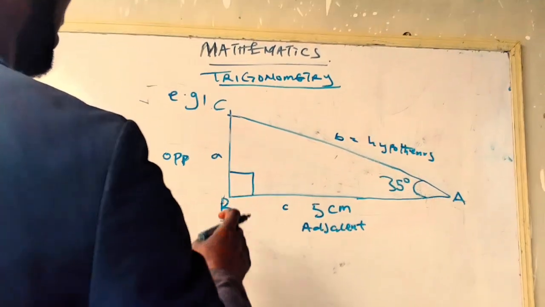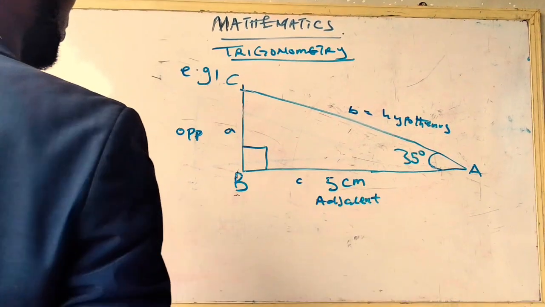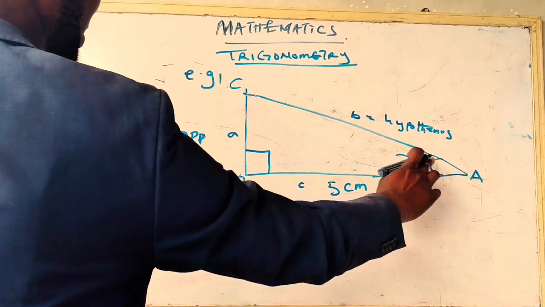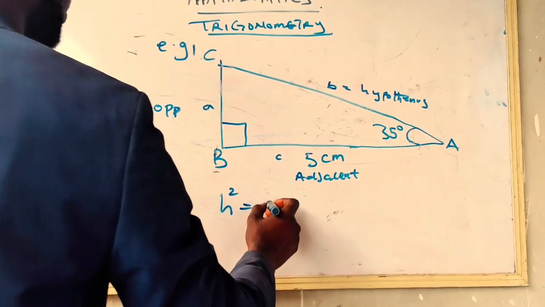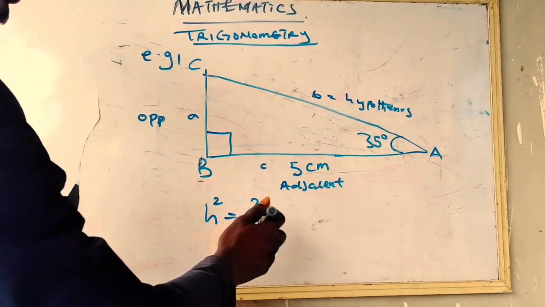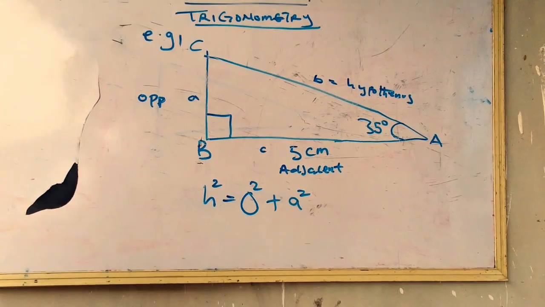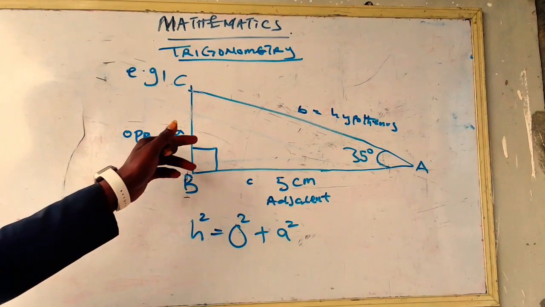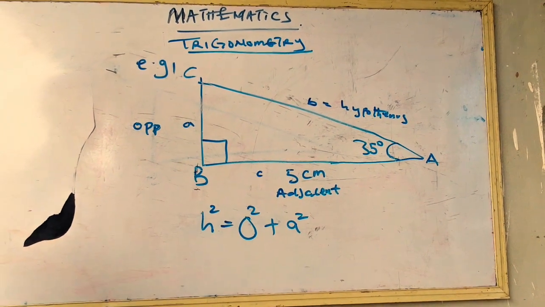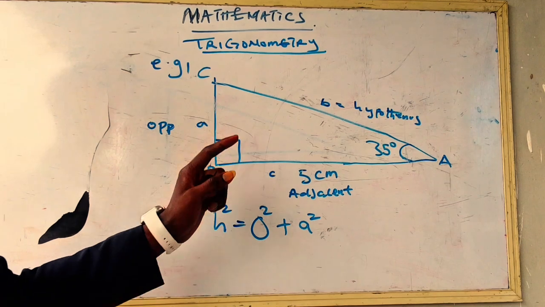According to Pythagoras, the square of the hypotenuse, which is the longest side, is equal to the sum of the square of the opposite side and the square of the adjacent side. That means if you square the hypotenuse, it is equal to adding the square of the opposite side and the adjacent side together.